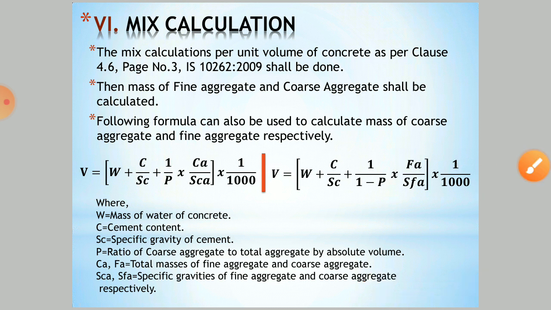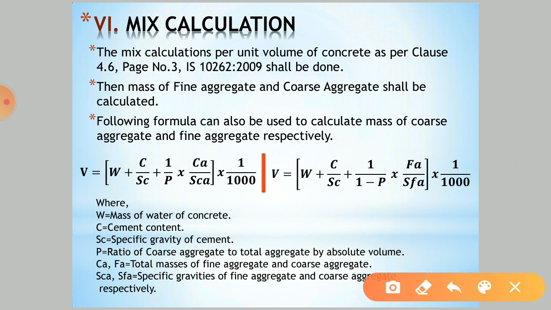Now see what the different terms are. V is the total volume, W is the mass of water in concrete, meaning how much water shall be used. C is cement content, Sc is the specific gravity of cement, p is the ratio of coarse to total aggregate, CA and FA are the masses of coarse and fine aggregate, and Sc A and Sf A are the specific gravities of coarse and fine aggregate.